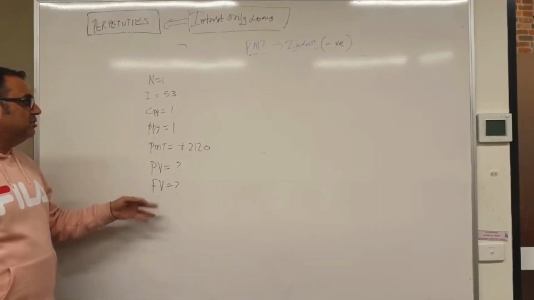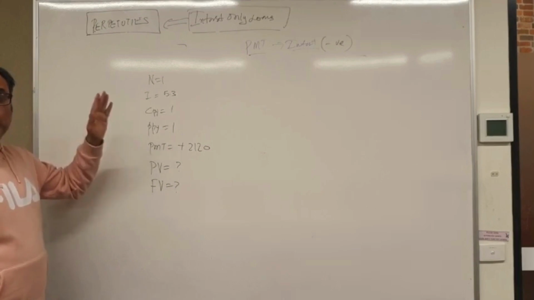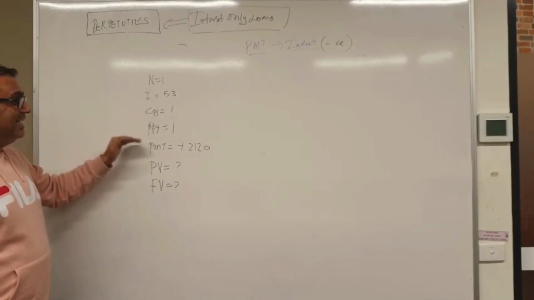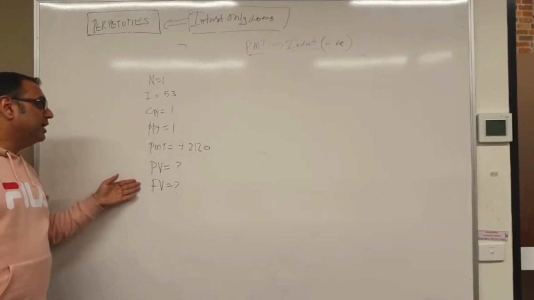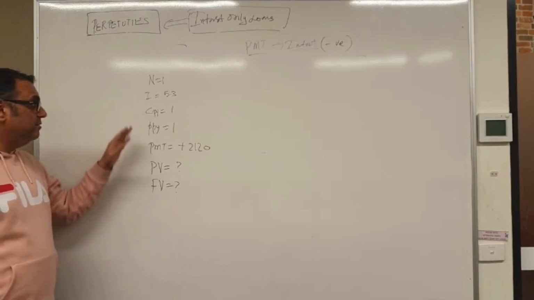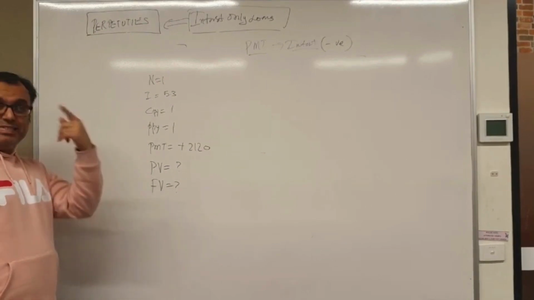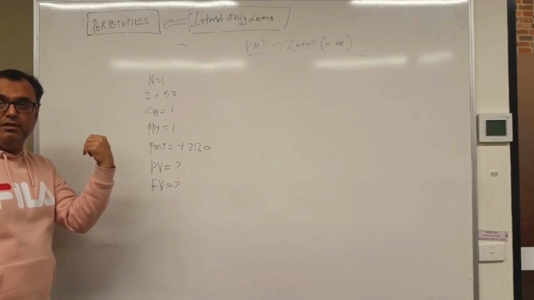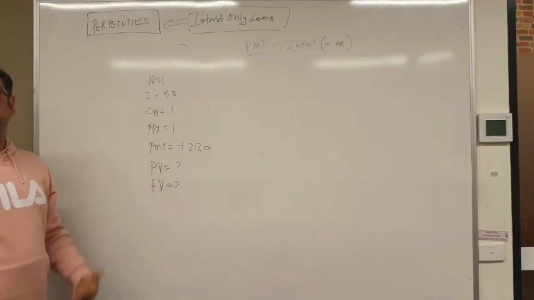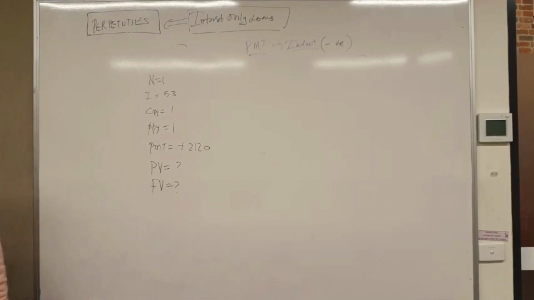FV equals to 0. If from reading through the question, clearly you cannot fill all the values of financial solver except one, the one that you're after, you cannot use financial solver. Then you have to use a formula.